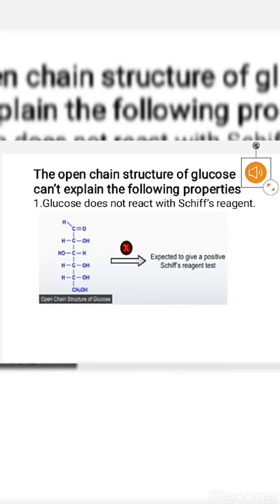But the open chain structure cannot be verified by the following reactions. Glucose cannot react with Schiff reagent, while other aldehydes can.